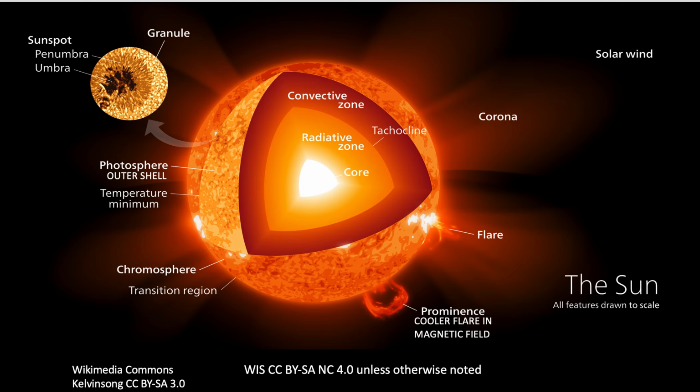You can look at the structure here with the core where the nuclear reaction's taking place, the radiative zone where the energy is moving outwards, convection zone where the hotter material moves outwards, cooler material drops down to the surface, and on the surface we actually sort of see the photosphere and sometimes, usually during eclipses, the corona. And sunspots can be determined as well.